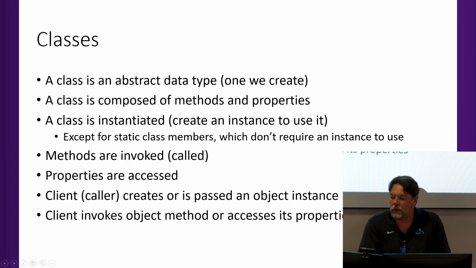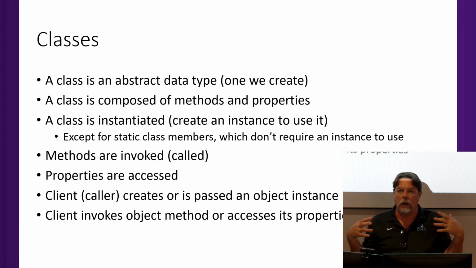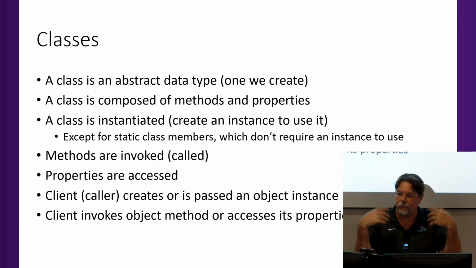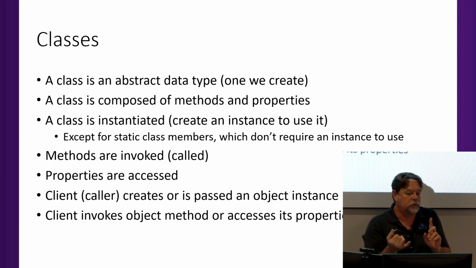When we talk about classes, when we're thinking about an object, we're talking about it in an abstract way. A class is meant to be an abstract data type, meaning it's one that we create. Looking at it from the outside in, a class is nothing more than an object made up of methods and properties, which we just talked about.